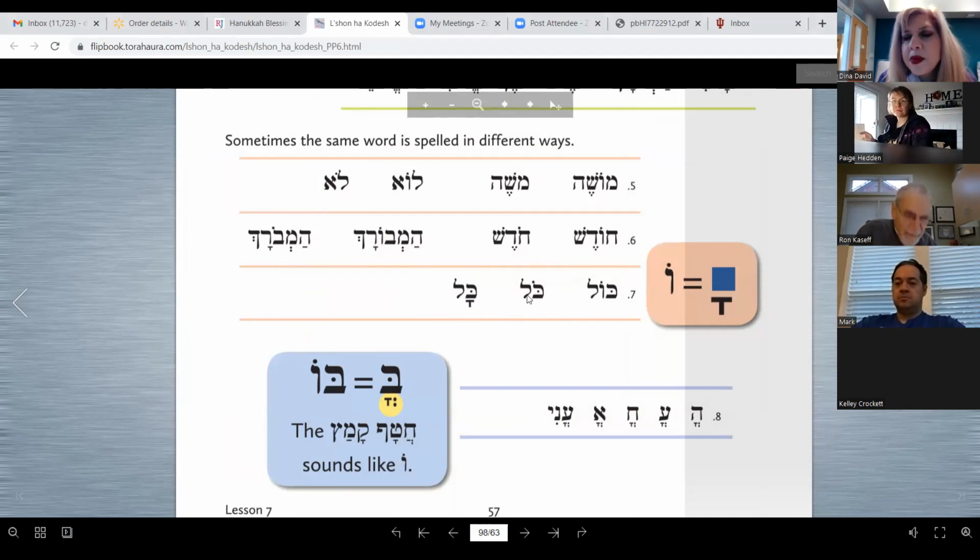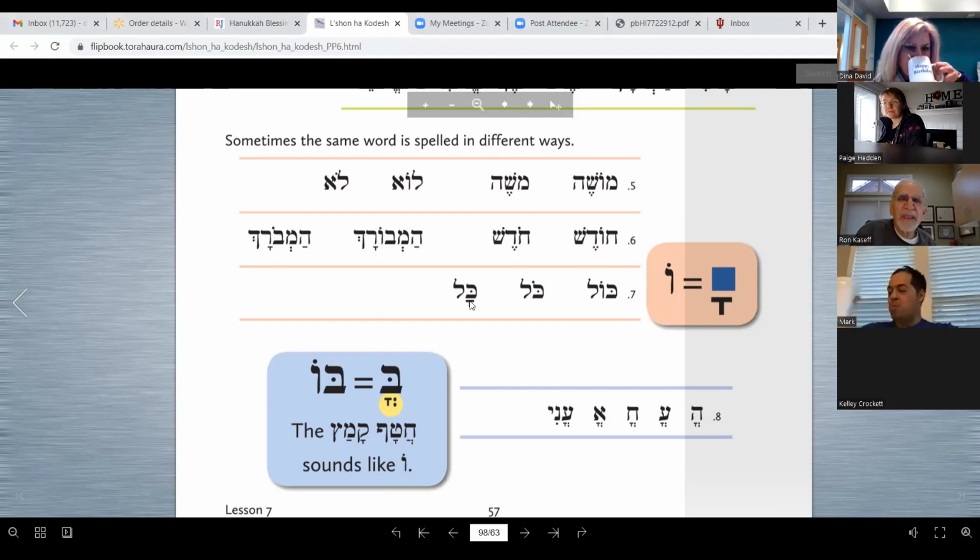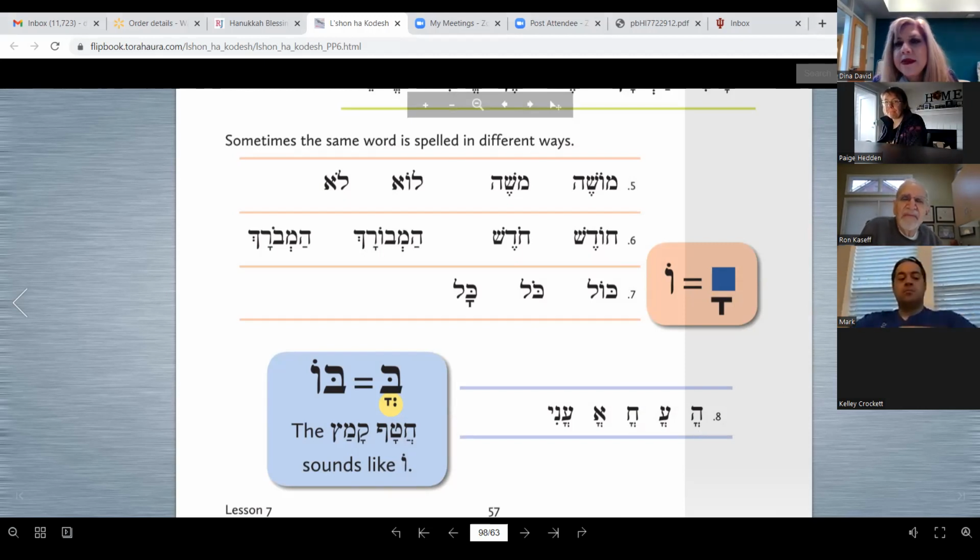You just have to remember that the word kol, which means all, and you see this vowel, it means O. You just have to remember it. And it does appear in prayers, and the one that it appears a lot in is the V'ahavta. I can show you. Actually, let me do it this way. I'll show you where it is.